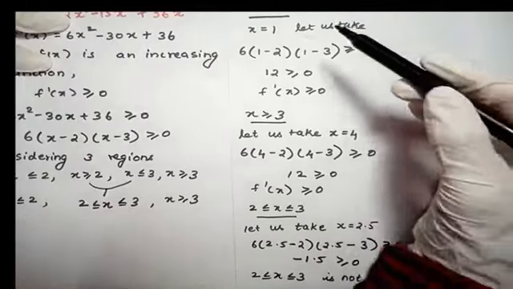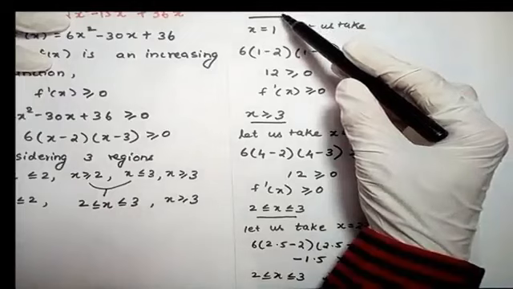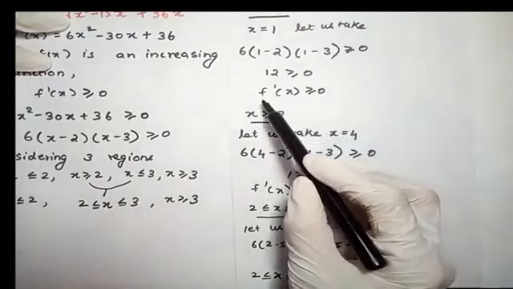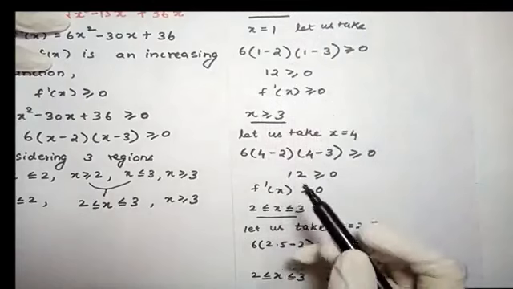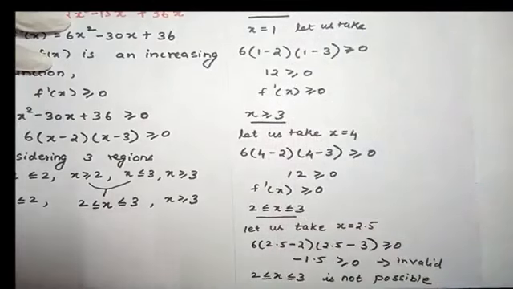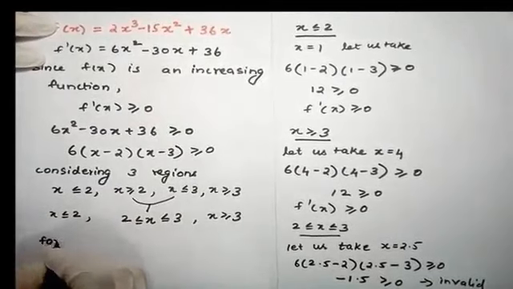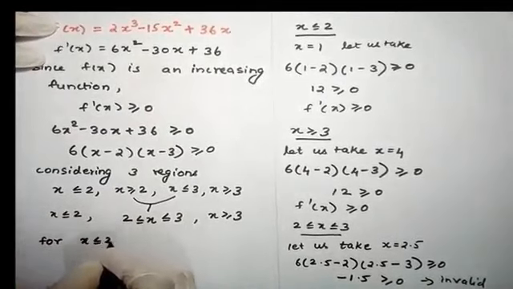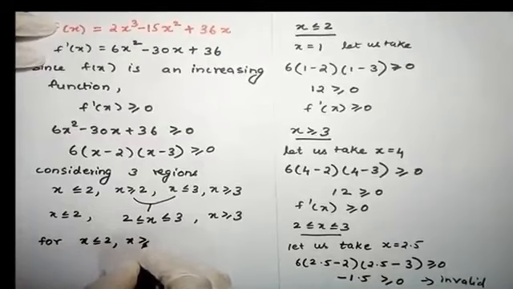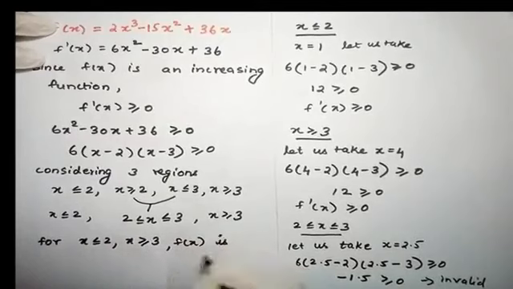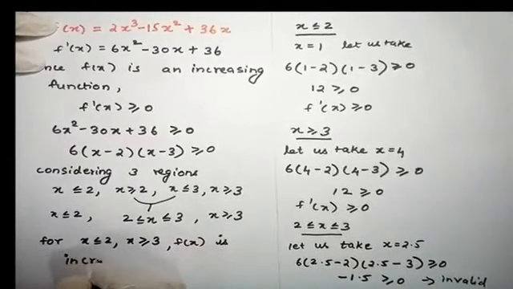So for these two values alone, x less than or equal to 2 and x greater than or equal to 3, we are getting f dash of x greater than or equal to 0. So I am concluding, for x less than or equal to 2 and for x greater than or equal to 3, the function f of x is increasing.